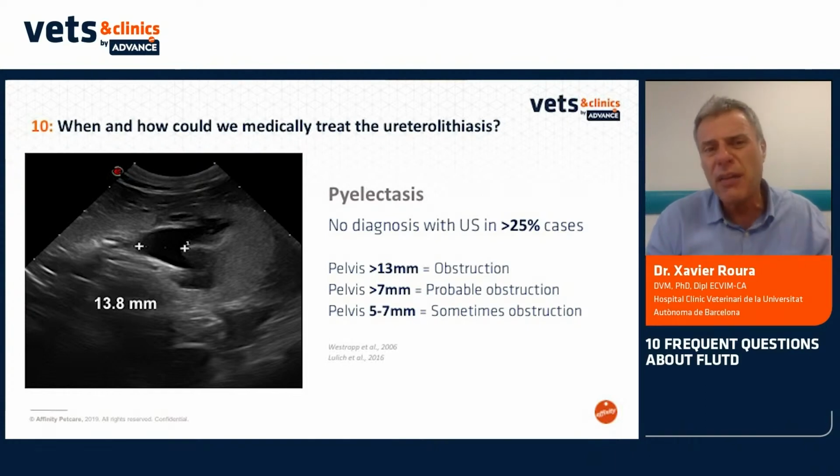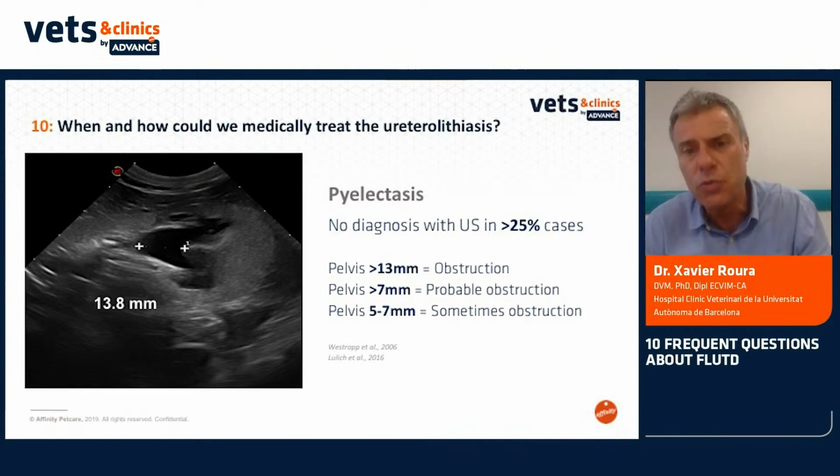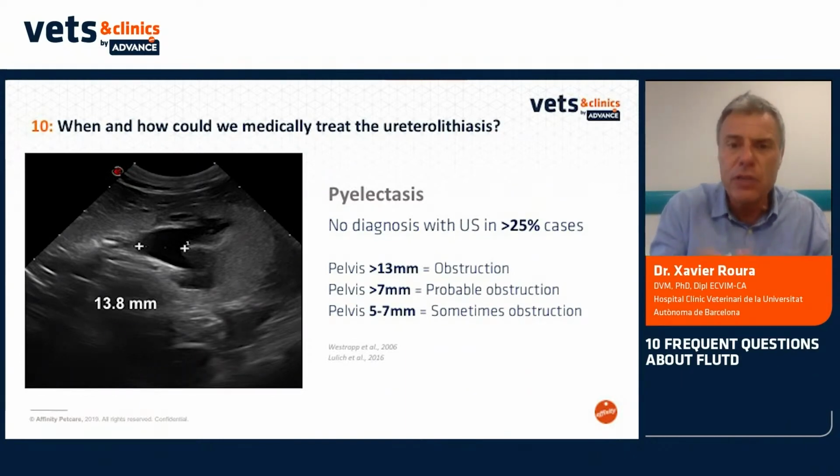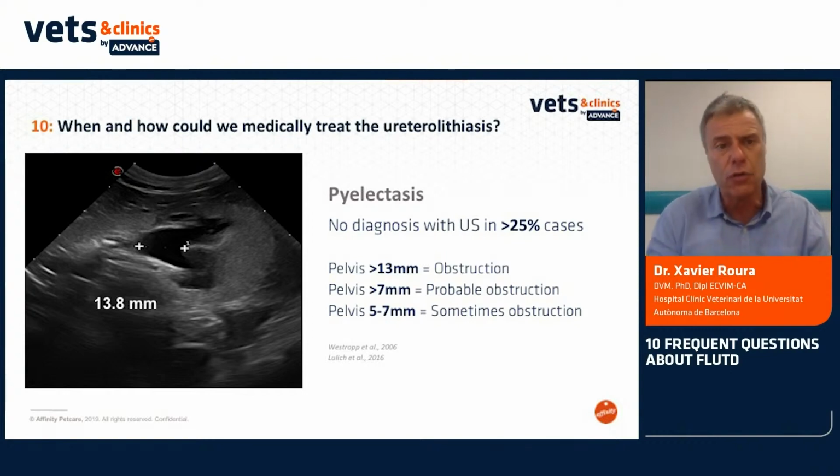So if we have clinical signs that make us suspect obstruction or urolithiasis inside the ureter, or a very high supersaturation index, we need to avoid the potential obstruction. So we need to do an early diagnosis, using less dilatation as a diagnosis of obstruction of the ureter.